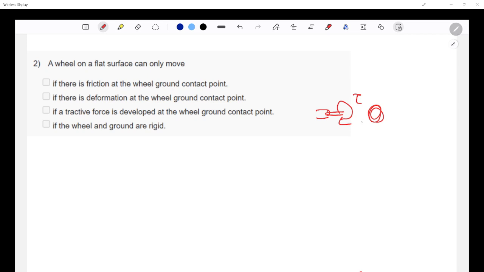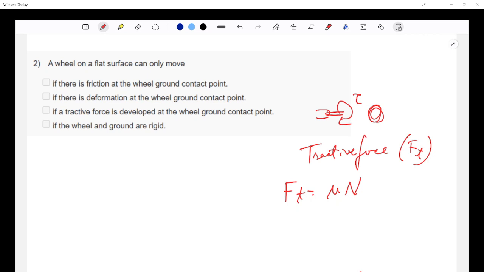Motion happens only when the ground pushes the wheel forward. So we need tractive force, which is Ft, and this is equal to mu into N. Mu is the friction coefficient and N is the normal force. Without friction, there is no motion. So either the wheel or ground must deform to generate tractive force.